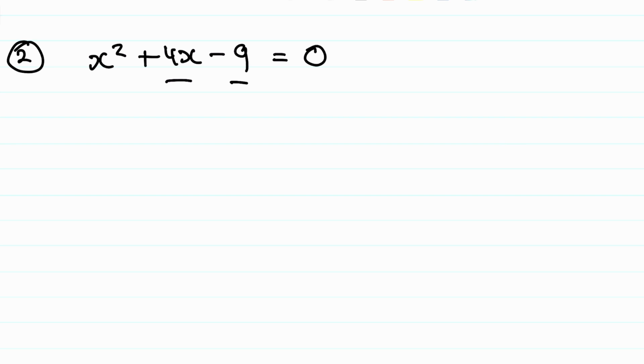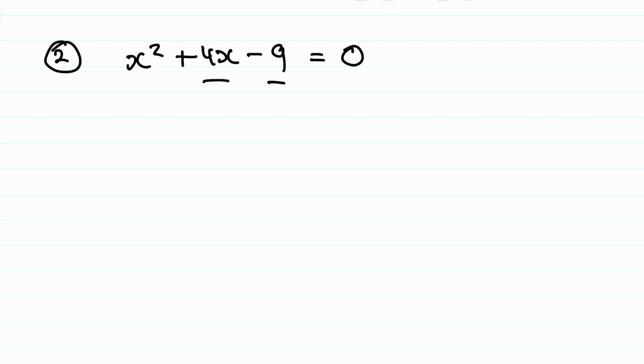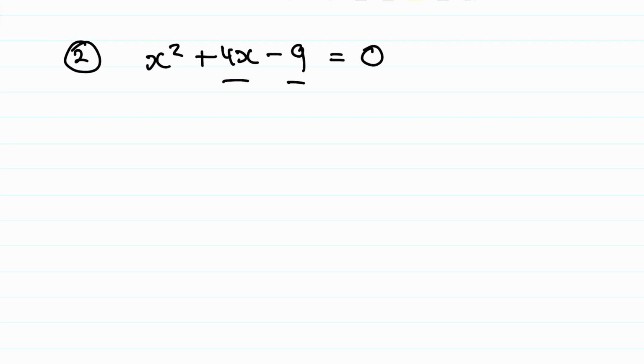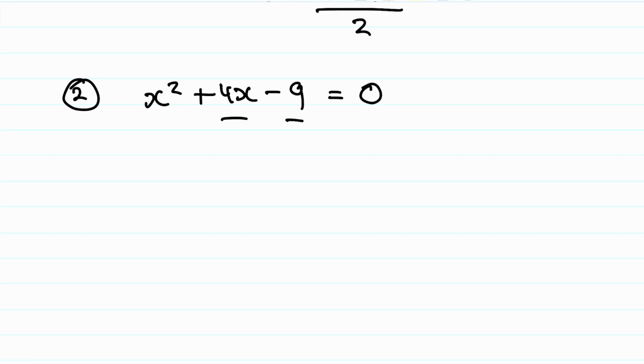So instead, we're going to have to use something else, and that's where we use the quadratic formula, which you might have already covered in GCSE. But the quadratic formula is basically if we label each of these components of our quadratic equation a, b, and c. So the coefficient of our x squared, we're going to call that a. The coefficient of our x, we're going to call b.